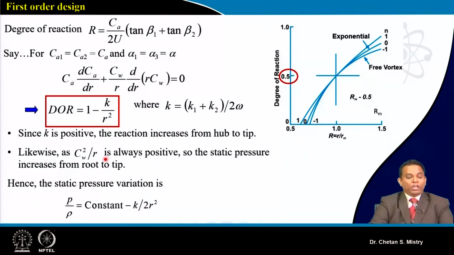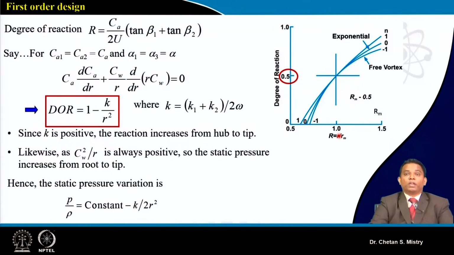Likewise, my Cw square by r is always positive, and that gives me my static pressure rise, from root to tip or from hub to shroud. So my static pressure rise is given by constant minus k by 2r square.